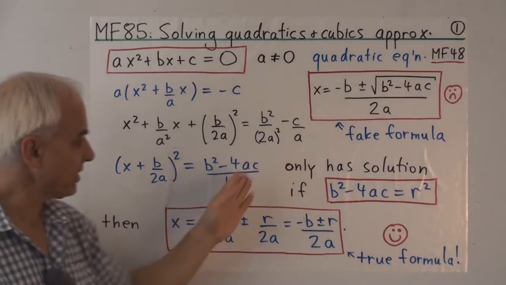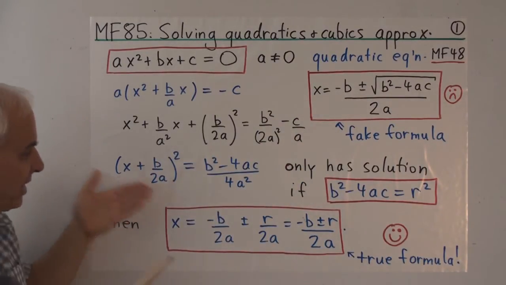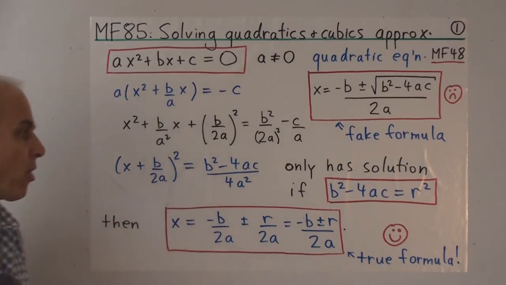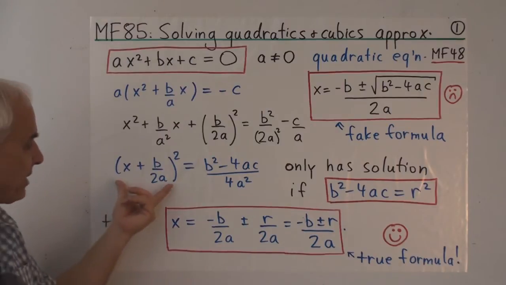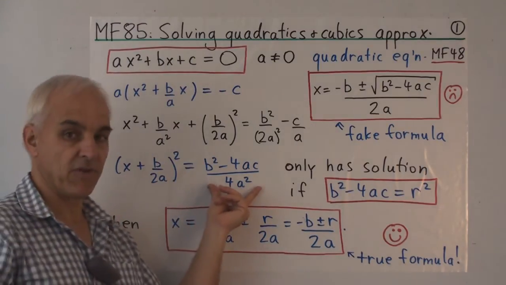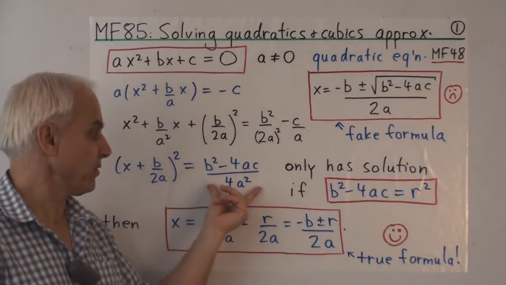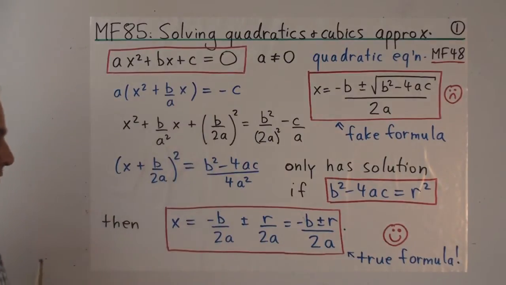If we go back one step to this one here, then it's possible to rewrite things in a somewhat more honest, logical way. What happens really is that this side being a square, this must also be a square in order for there to be a solution. Now the bottom is already a square because it's the square of 2a.